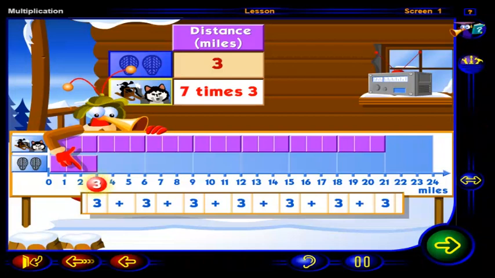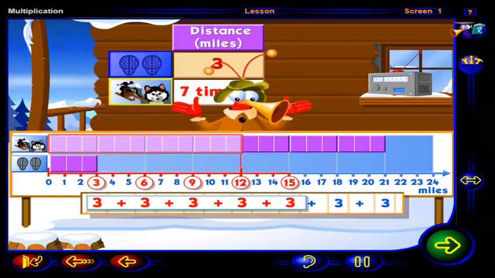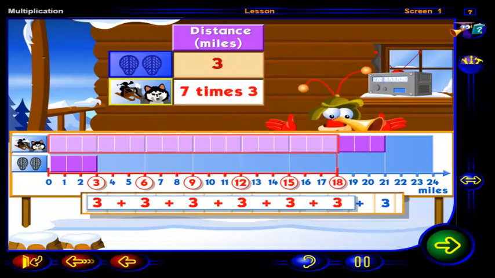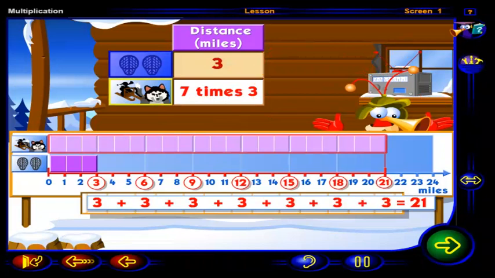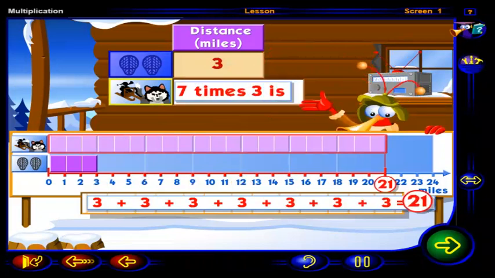Click on the number 3 on the number line. 3, 6, 9, 12, 15, 18, 21. 7 times 3 is 21.